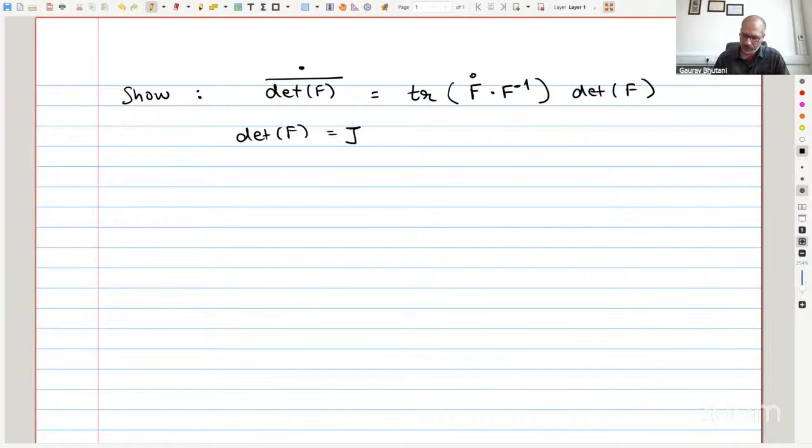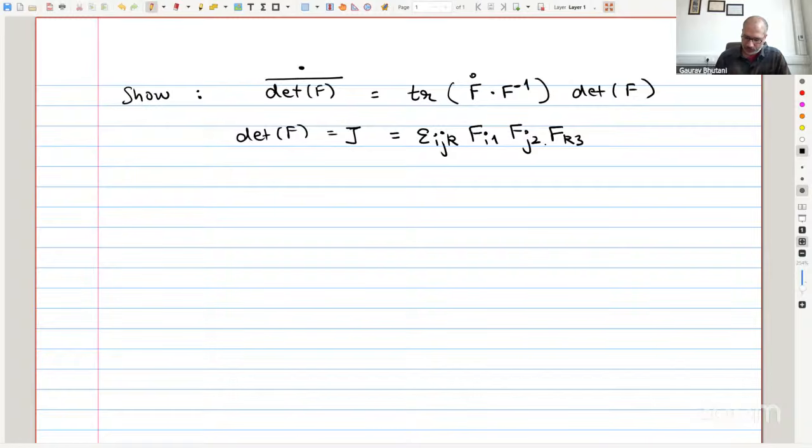If I use the index notation, then I can write this as the permutation symbol epsilon ijk, and then I use the form where I have f i1, f j2, and f k3. So that's the index notation representation of the determinant of a tensor F, or a matrix F.